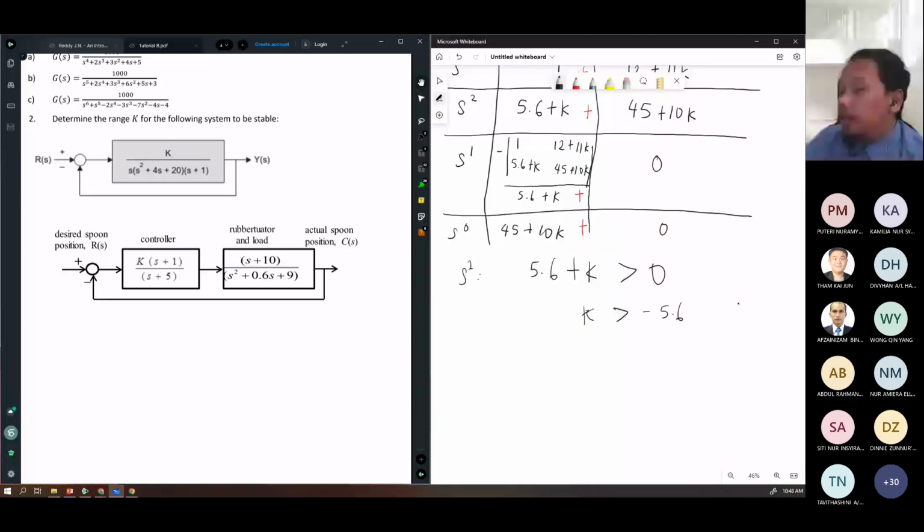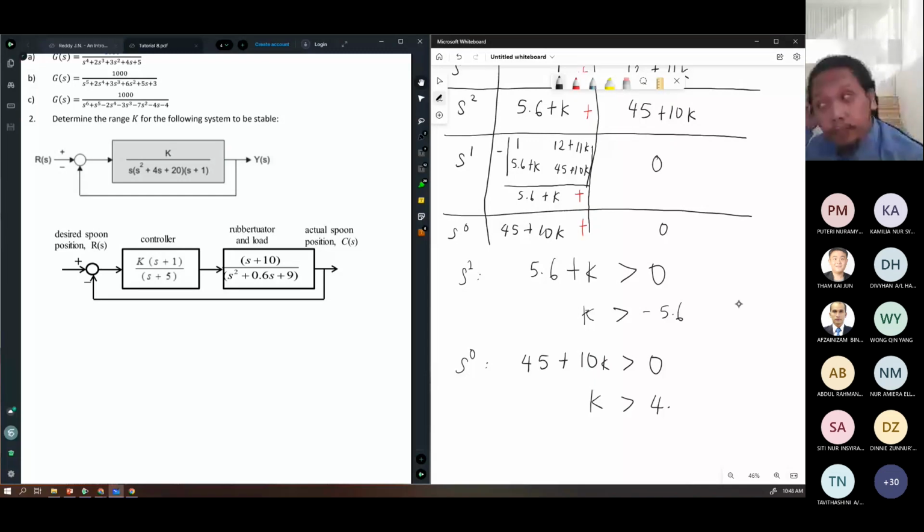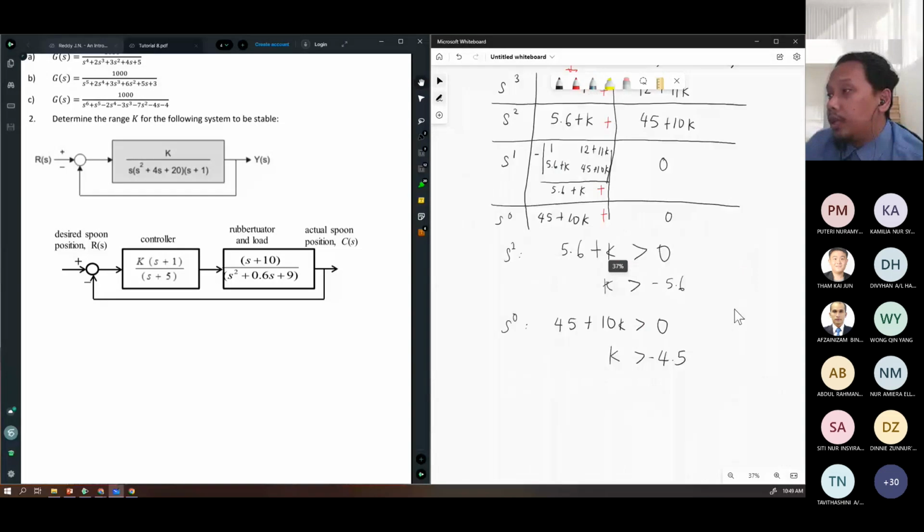Let's look at S naught. On S naught, we have 45 plus 10K bigger than 0. So we get K bigger than negative 4.5. And then lastly, we look at row S1.